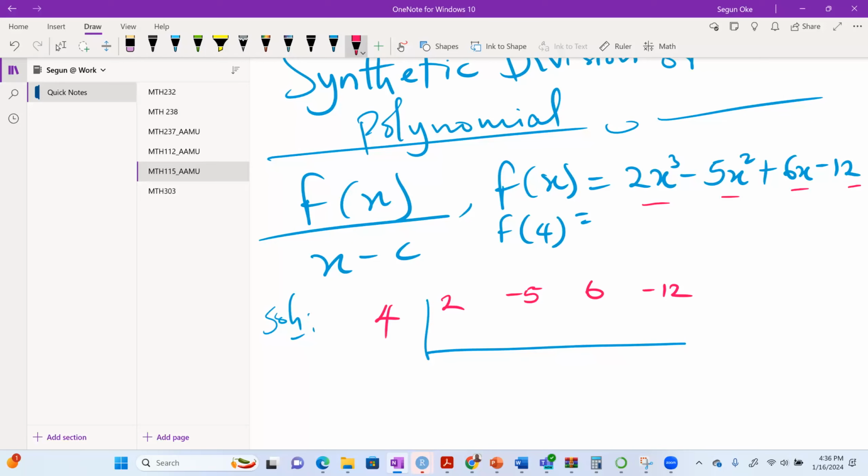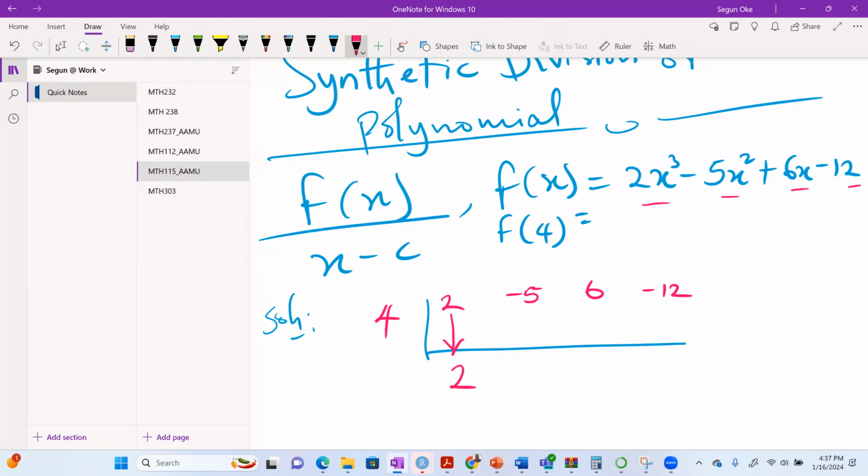Remember, 2x raised to power 3 is this, -5x raised to power 2 we have it here, 6x we have it here, and -12 we have it here. So the first entry, you have to bring the first one down. You put it down here.